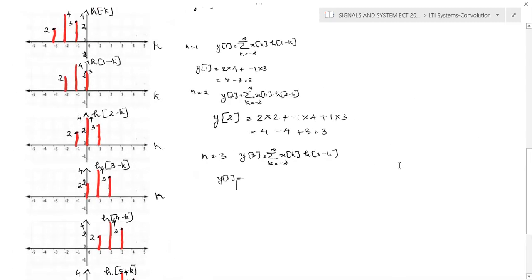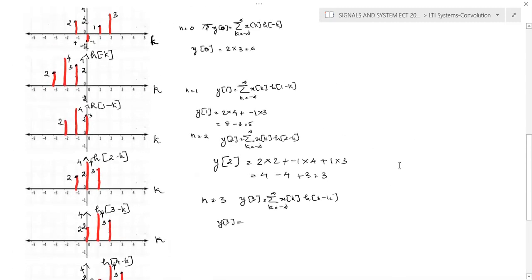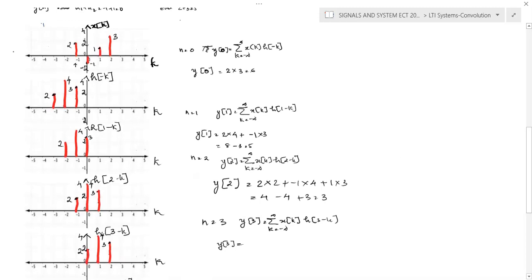If you observe the signal x of k, so x of k is here, and h of 3 minus k, you can see that the signal non-zero magnitude only starts from 0 onwards. So at 0, it's minus 1 amplitude. Here it is 2. Next case, at 1, the signal amplitude is 1 in the first case. Second signal amplitude is 4.